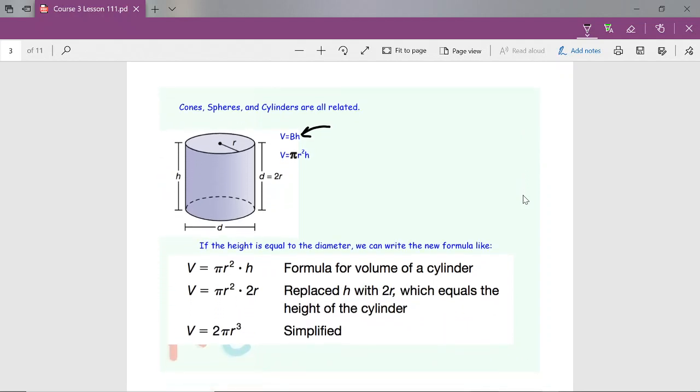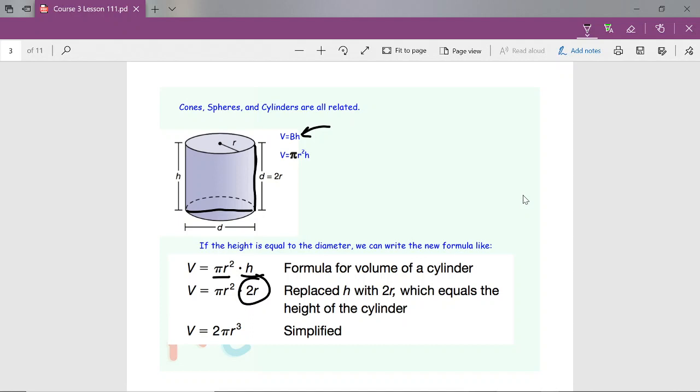Okay, so first of all, when I find the volume of our cylinder, I do area of the base, so pi r squared, times the height. Now I could assume a couple things. Since we know that our diameter is the same as the height, I could replace the height with 2r, 2 radiuses.